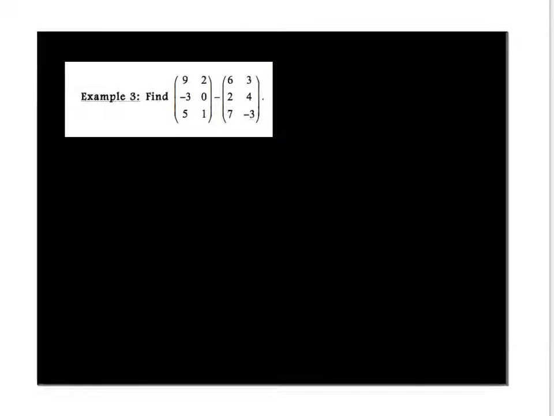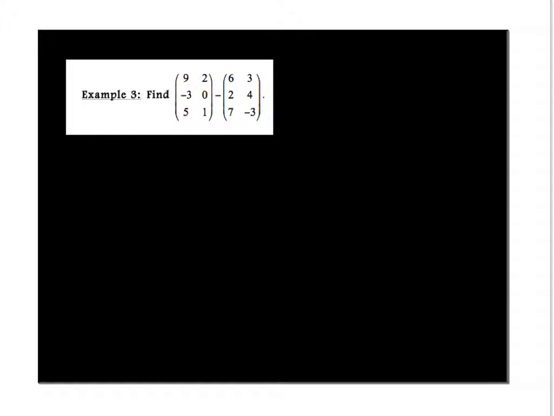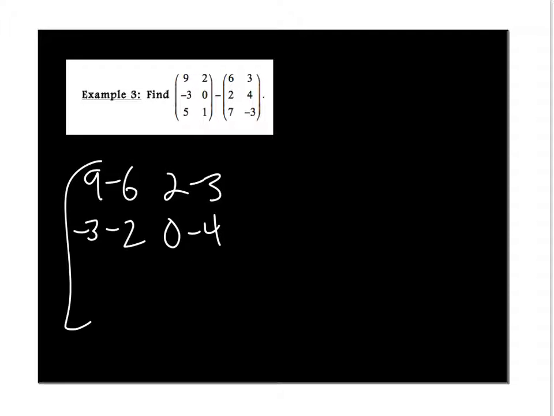So when I look here, subtracting, same kind of idea. I'm going to end up taking 9 minus 6, 2 minus 3, -3 minus 2, 0 minus 4, 5 minus 7, that's a -2, believe it or not, and then 1 minus a -3.